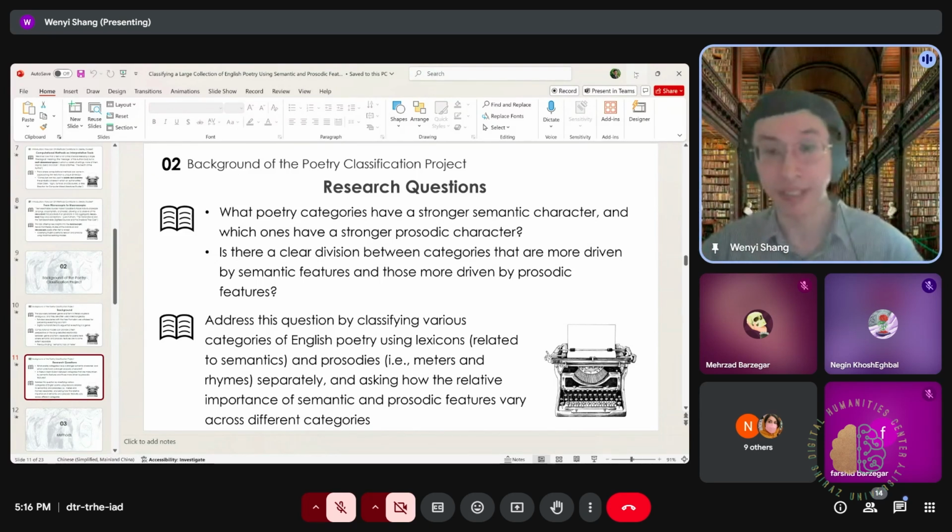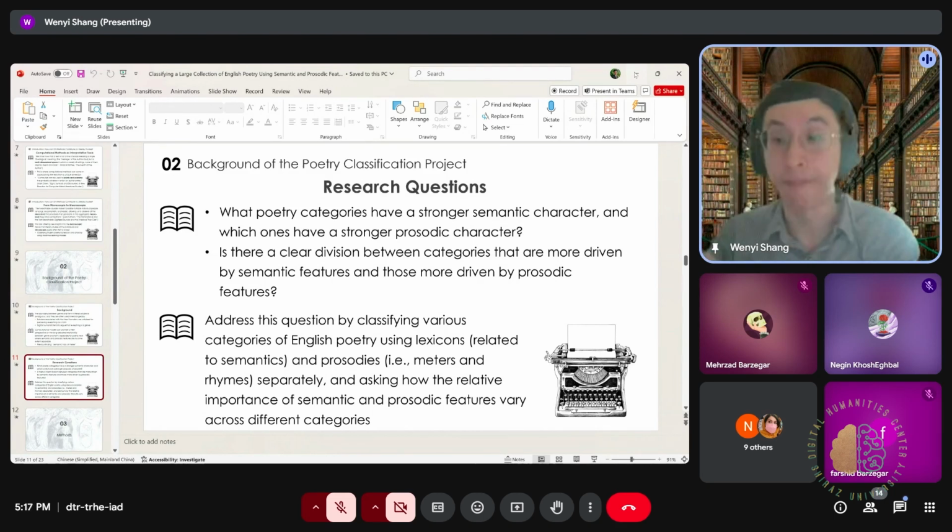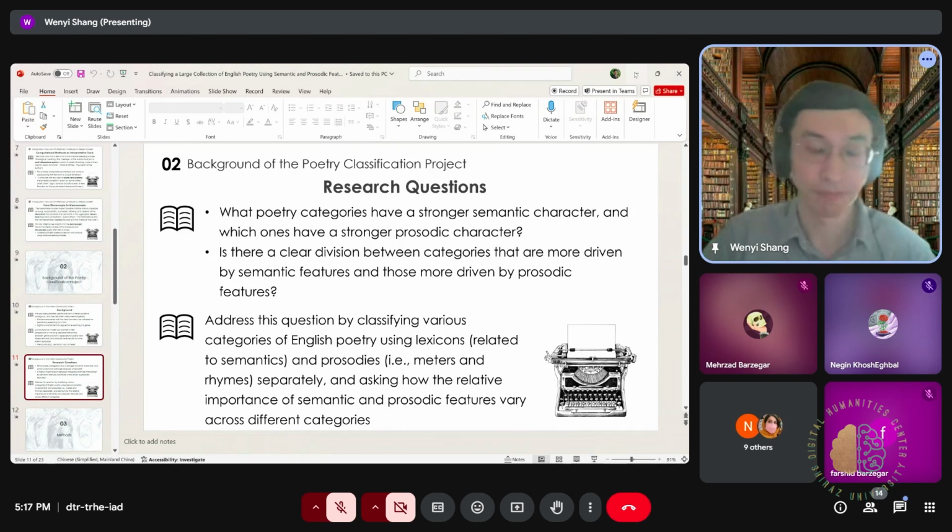Then is there a clear division? Is it the case that some categories are clearly defined by one, and some clearly by the other? Or is it rather that each poetic category has both semantic and prosodic features? So is there a clear division between these categories?